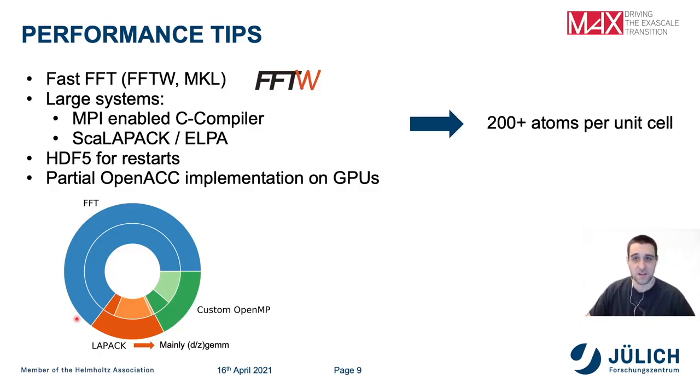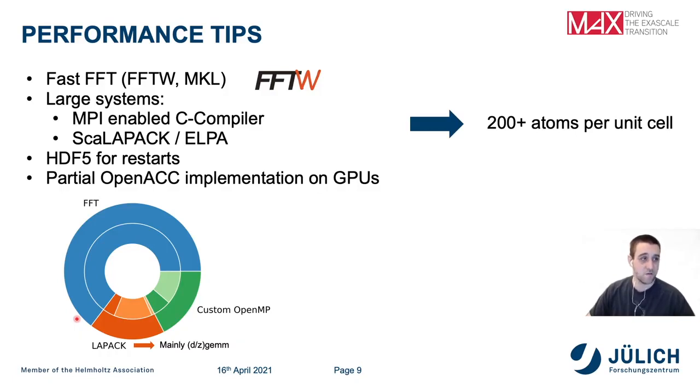And so it's very important that you don't use the built-in Fourier transform, but you link some library that has a fast Fourier transform, such as FFTW or MKL. Both work fine. And if you calculate large systems, like the one I showed you with hundreds of atoms, where you use thousands of CPU cores, then I also recommend that you use a C compiler that is MPI enabled.